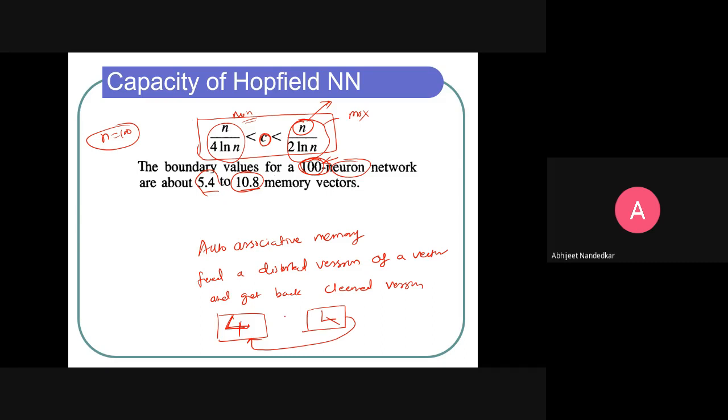So some distortion, maybe noise added here, will be cleaned, and you will get a good representation of what you have. This is the application of Hopfield. Now remember once again that this was vector V, and it is associated with its own copy. So V1 is associated with V1, V2 with V2, and so on.